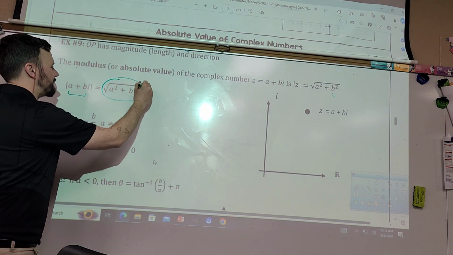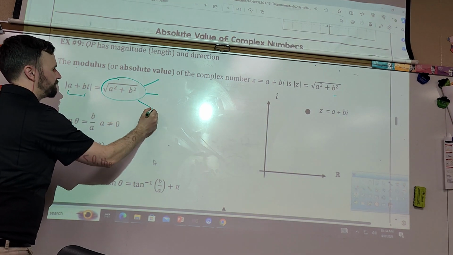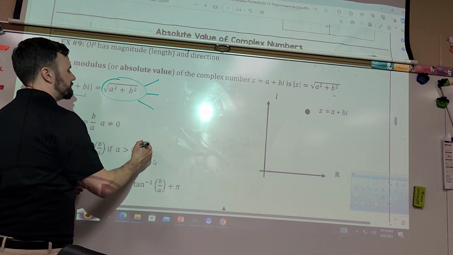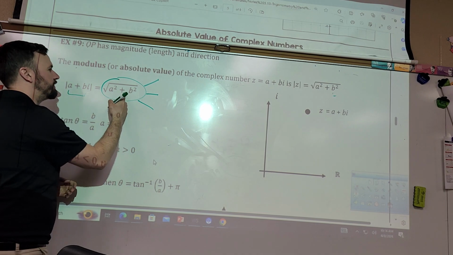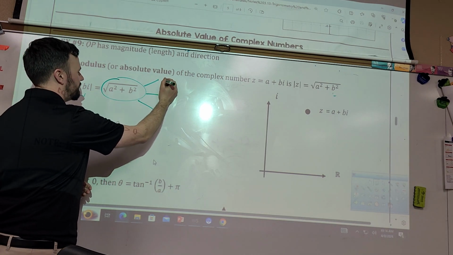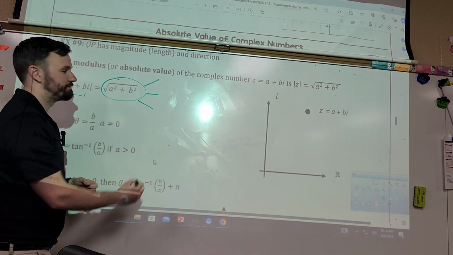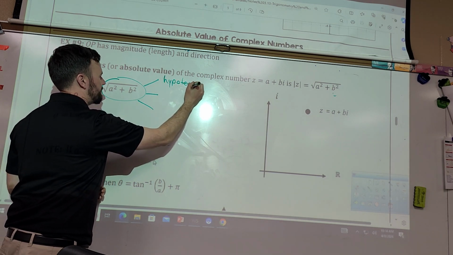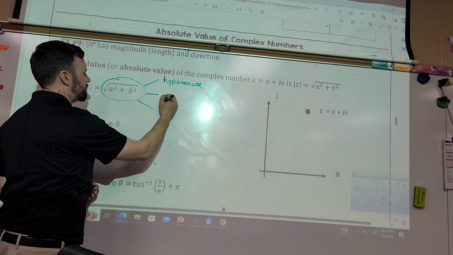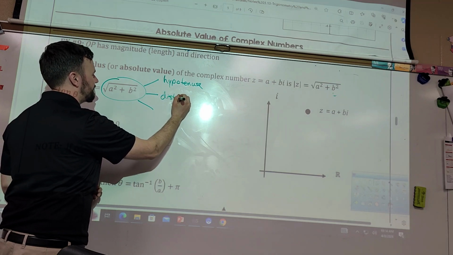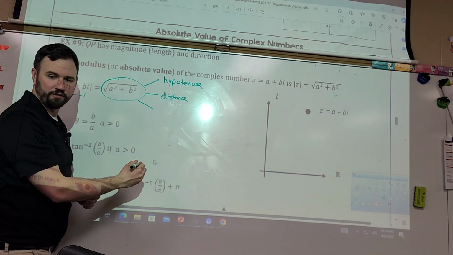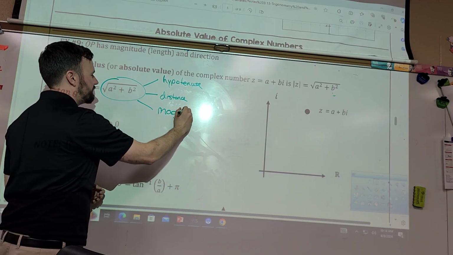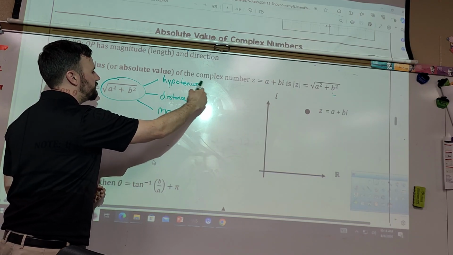Where have we seen that before? What have we called this formula before? Have we ever used it to find the hypotenuse? Have we ever used it to find distance? And have we ever used it to find, well, this might be a new one. Yeah, hypotenuse.